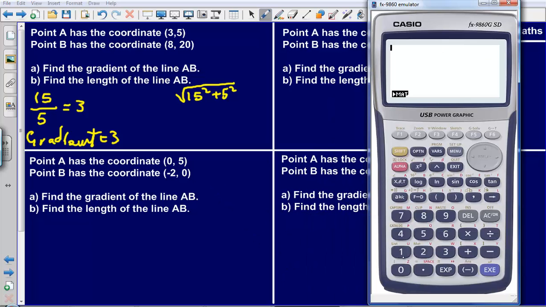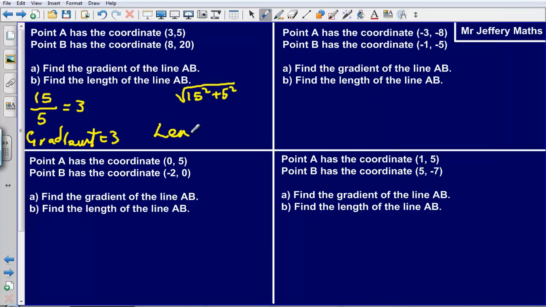So 15 squared plus 5 squared is going to give us an answer of 250, and then we square root this answer. So we get an answer of 15.8. So we could say that the length of the line AB is going to be 15.8.